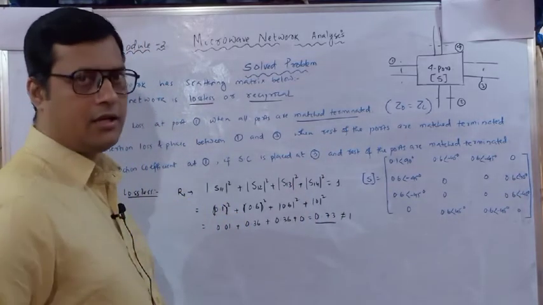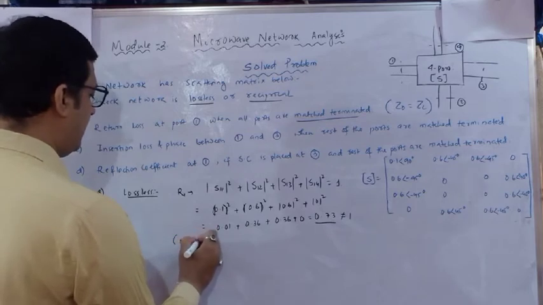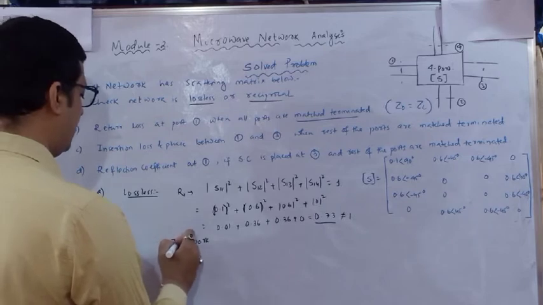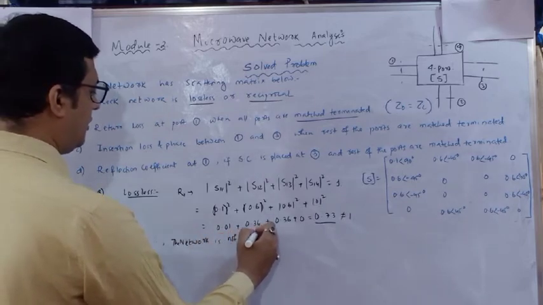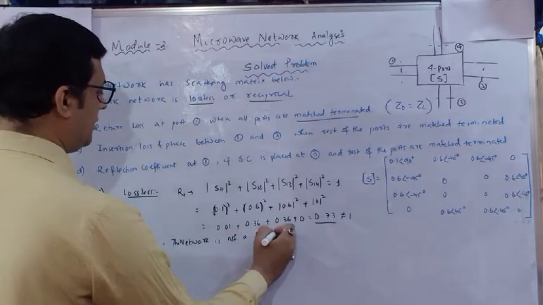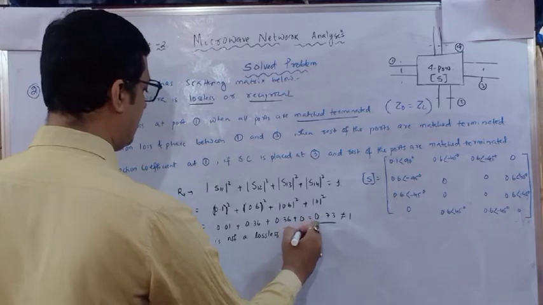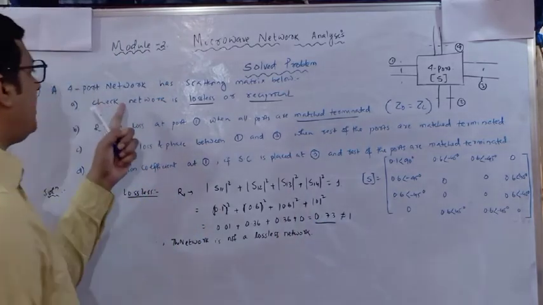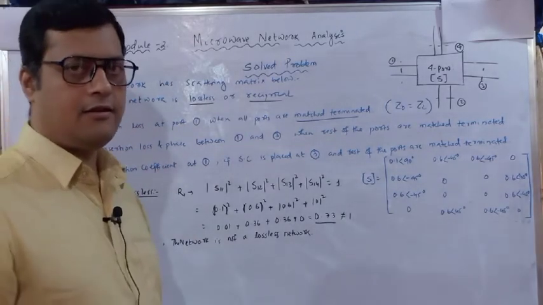So if it is not equal to 1, then I will say the network is not a lossless network. We have to check whether the network is lossless or not, and no, it is not a lossless network.